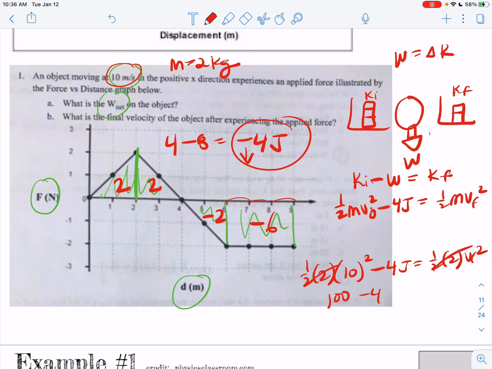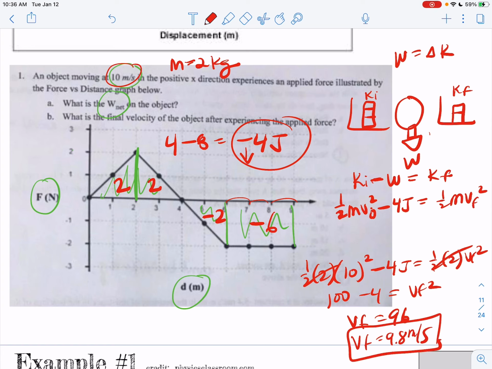So 100 minus 4 equals VF squared. So VF equals the square root of 96. And then you can see that's going to be a touch slower, because it's under 100. So the square root of 96 is 9.8 meters per second. So that's going to slow down.